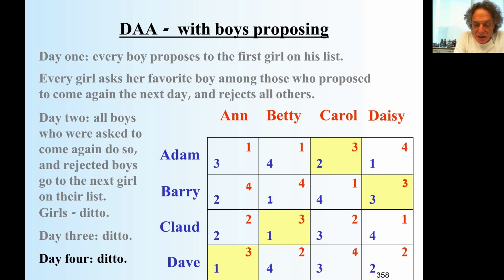So if there are, let's say, 4 boys and 5 girls, obviously you cannot match all boys to all girls. But once all 4 boys get 4 girls, the procedure stops and you get a stable match. Why is it a stable match?